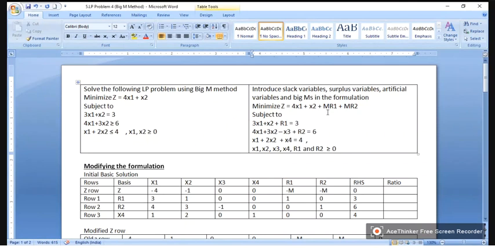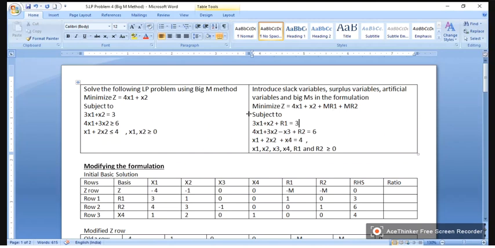So here x3 is surplus variable, x4 is slack variable, r1 and r2 are artificial variables. Now, for minimization problem, we penalize the objective function by adding Mr1 and Mr2.